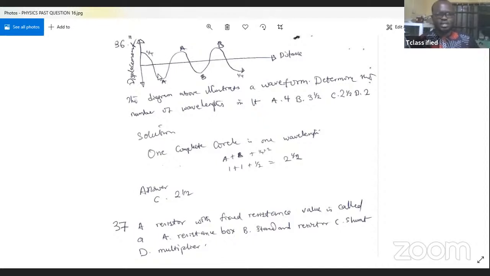You can see that from here and here completes one circle. Then from here and here completes another circle. Then this one is not even up to half a circle. But you have this quarter here, and if you combine it with what is here, this quarter plus this quarter will give you half. So you actually have 1 plus 1 plus half. So it will give you 2.5.